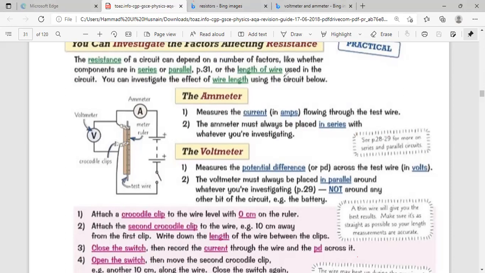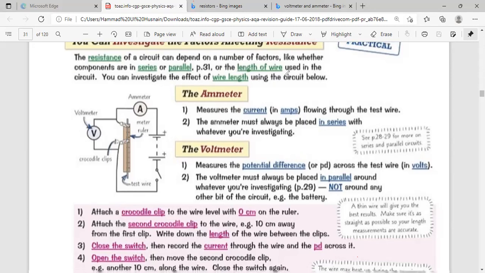Anytime you are measuring the potential difference across any two points or across any component, you need to connect the voltmeter in parallel. So not around any other bit of the circuit, for example, the battery. It means that you need not connect it in series, rather you have to connect it in parallel. So I guess you are clear with these concepts.